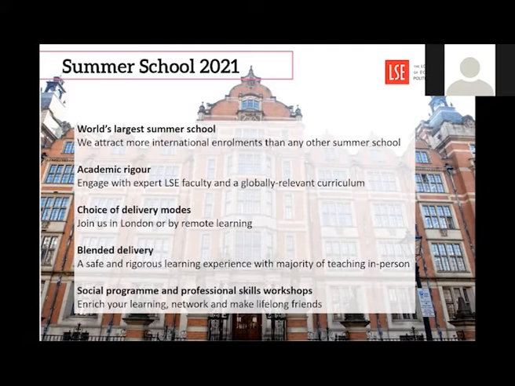Both formats, whether in person or remote, offer 54 hours of contact time per course, just as in previous years. We've made these adaptations to offer more flexibility for our students worldwide, allowing them to come and receive an excellent educational experience for everyone in a safe way.